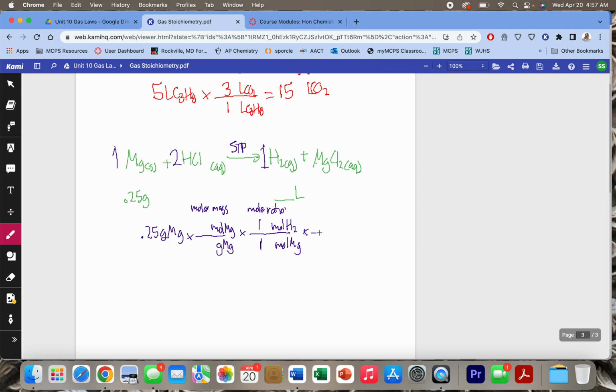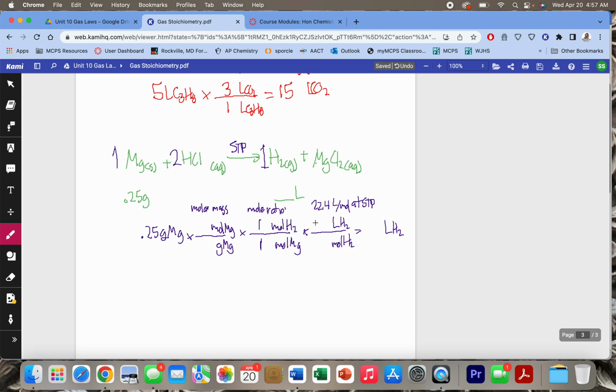Then I need to cancel moles of Mg, moles of H2, and I need liters of H2, because that's my goal. Liters of H2. So there I have it, right? And this one is going to be 22.4 liters per mole because it's at STP. And so this one is pretty easy because of those magic letters, standard temperature and pressure.